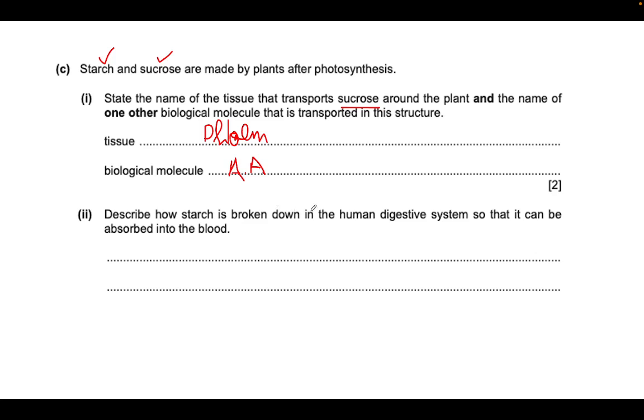Describe how starch is broken down in the human digestive system. This one, I hope we will get time to talk about digestion, which is a video I'm sending tomorrow at around 11. So we get to see also digestion because it's one of the sensitive topics. But for this one, if we talk about the way starch is digested, we understand that we start from the mouth and also in the small intestine.